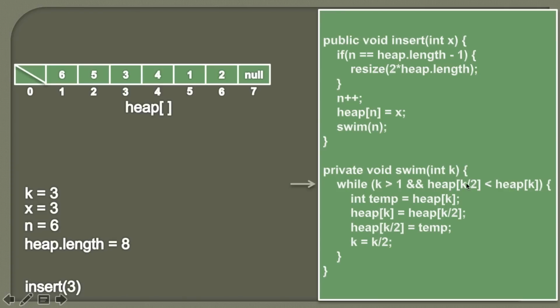So the value of heap at index k by 2 is nothing but the value at index 1, because 6 is parent to 3, and we'll check whether 6 is less than 3 or not. So here you can see 6 is greater than 3. So the condition in while block comes out to be false, which means that 6 is at its correct position and also 3 is at its correct position.